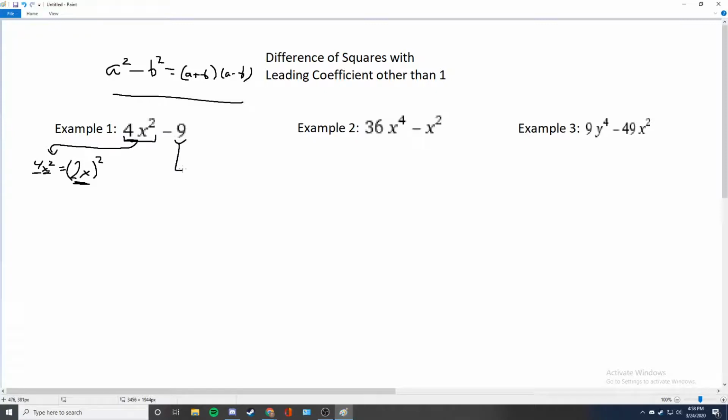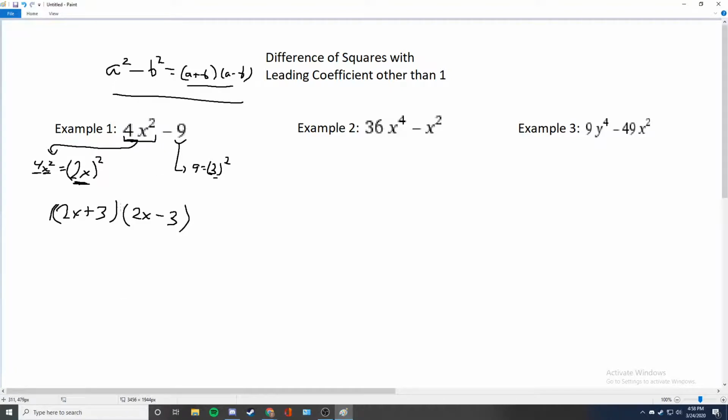And then if we want to separate this 9 out, 9 is really 3 squared. So this 2x and the 3 are going to be the two terms that we want to use for this one. So if we plug into the general form, we've got 2x plus 3 times 2x minus 3. And that'll be the factorization for this one.